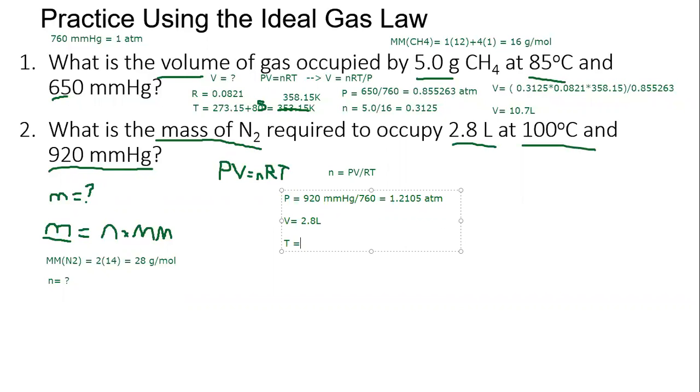The temperature needs to be in Kelvin, so we convert 100 degrees Celsius. And then lastly, R, 0.0821 liter atmosphere per mole Kelvin. Now we have everything in the right units. We can solve for moles.